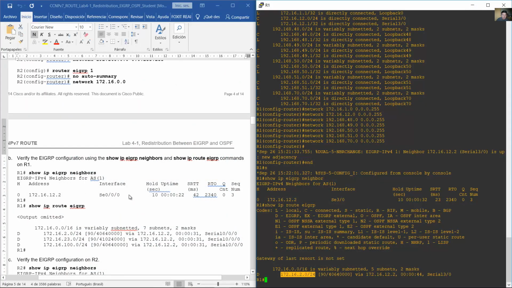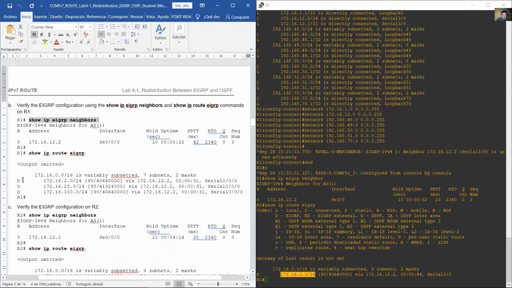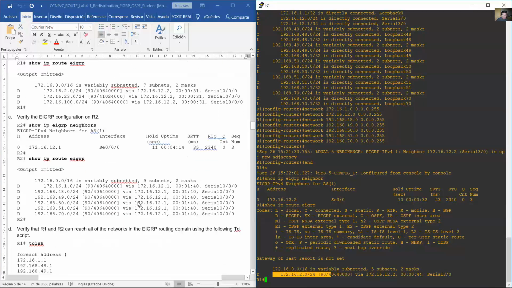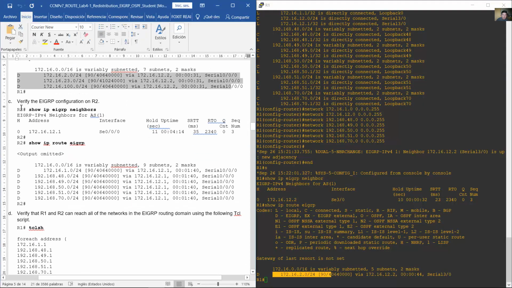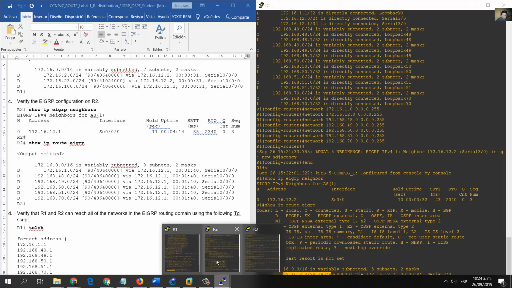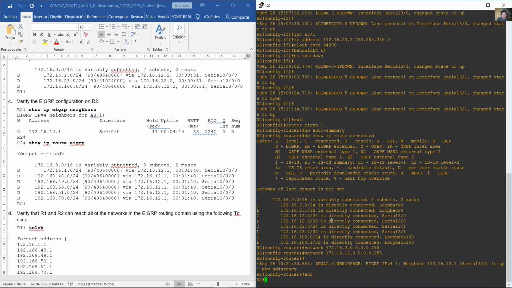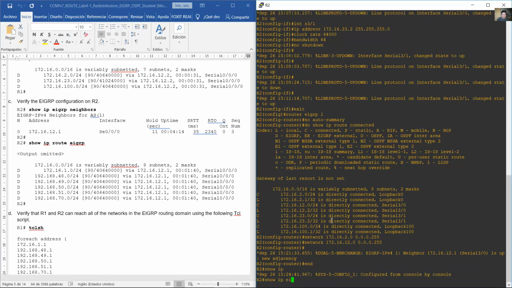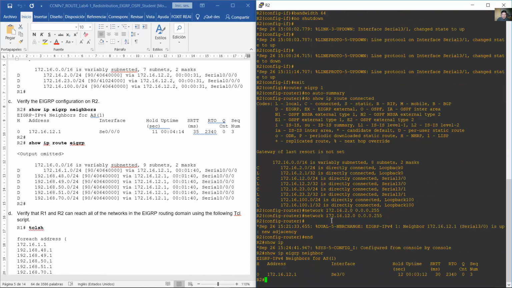Okay, so don't worry about this output. This is very good. On R2, verify with show ip eigrp neighbor. This is R1.